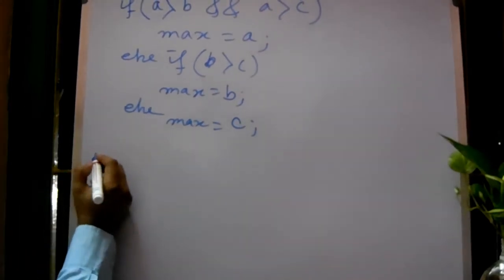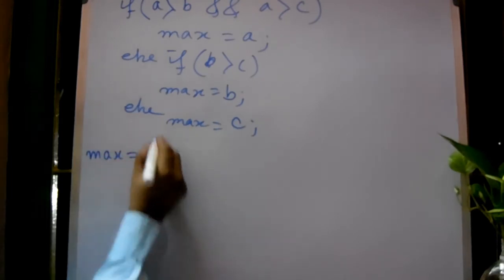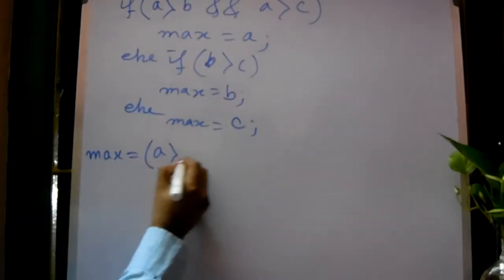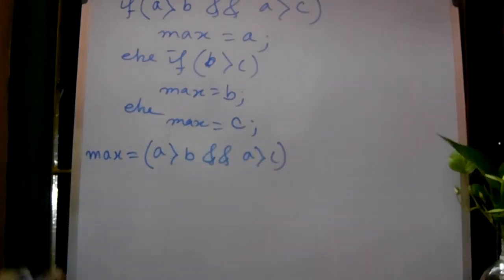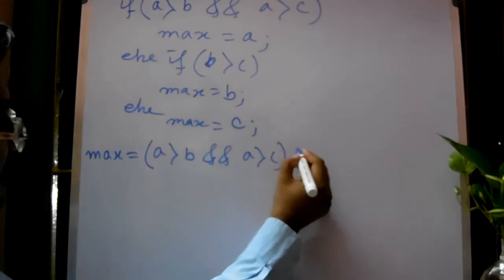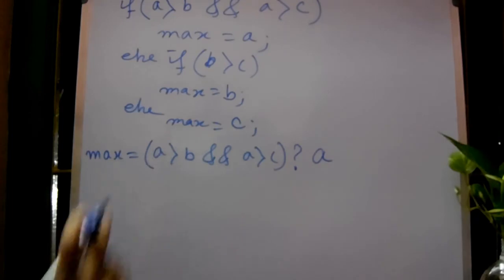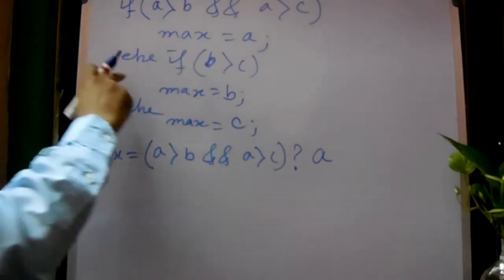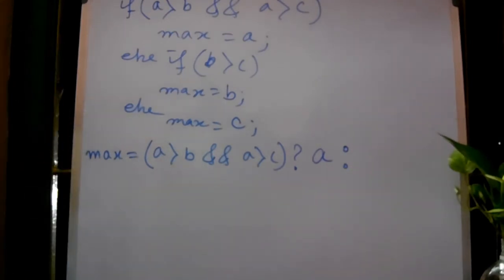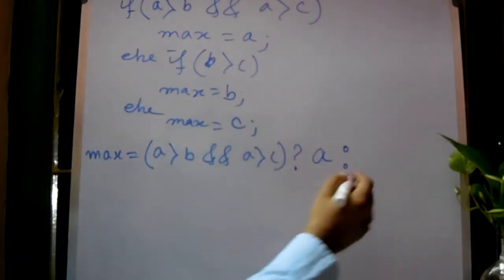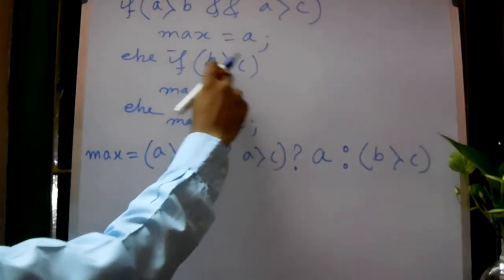Depending on this condition, if a is greater than b and a is greater than c, then question mark, max equal to a, so a is stored. If not, then one more condition: else means colon, again a condition, b greater than c.